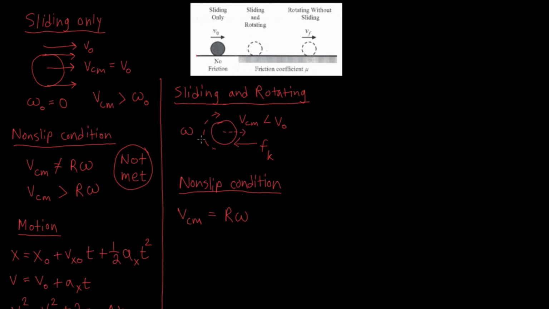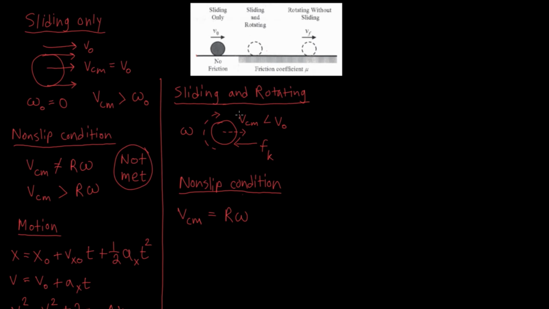So if we relate this scenario to the non-slip condition, the reason why the object is sliding and rotating is because the non-slip condition is not satisfied. So as long as the non-slip condition is not satisfied, the object is going to continue to slide and rotate.